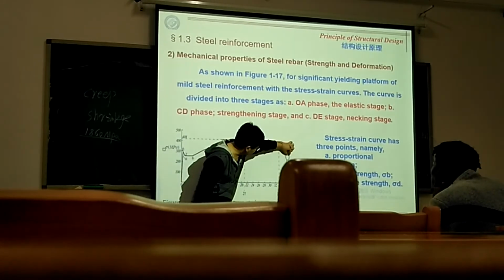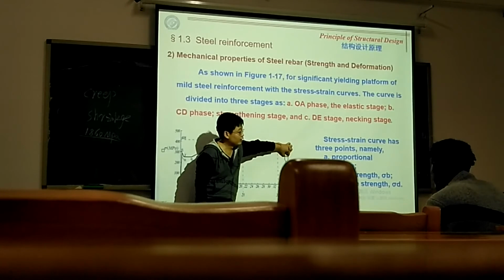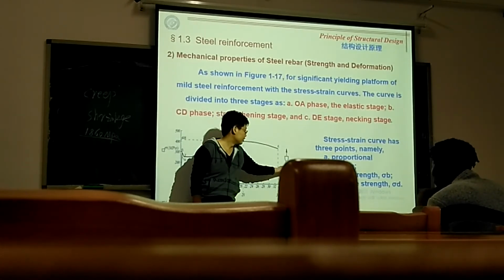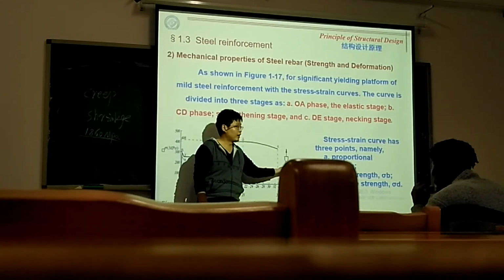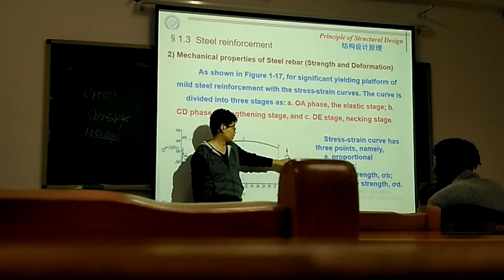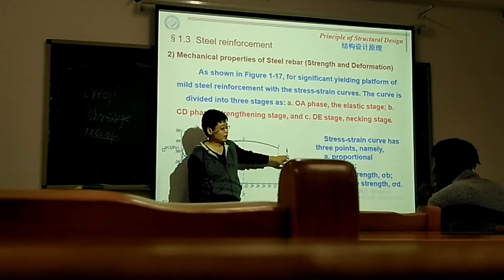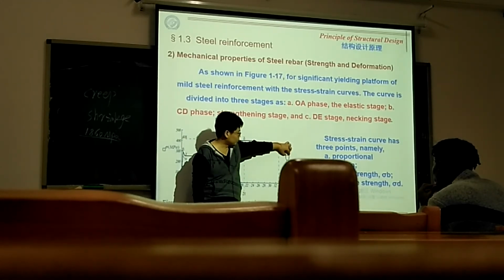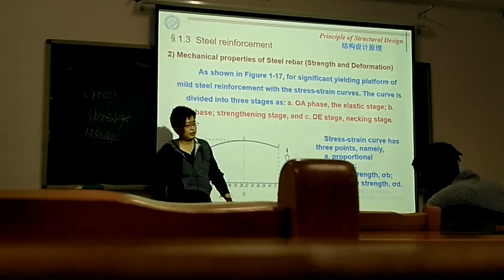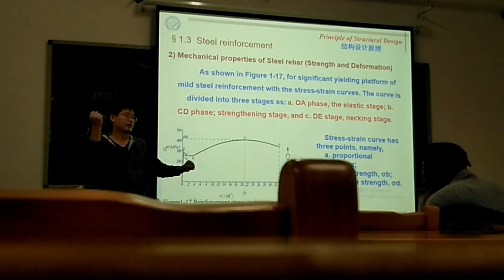This diameter is the original diameter. When the steel bar breaks, the diameter at this position is a lot smaller than the original diameter. Suppose the original diameter is 20, now maybe 10 or something like this. That's the necking.